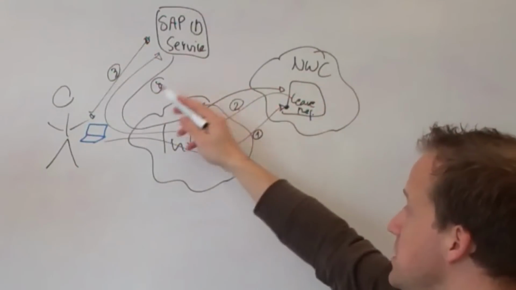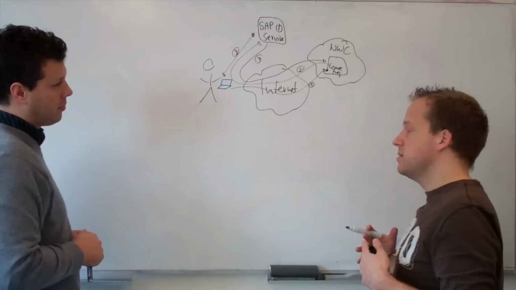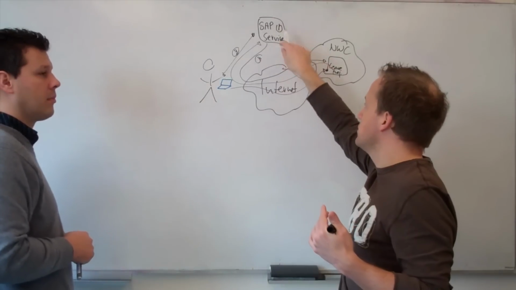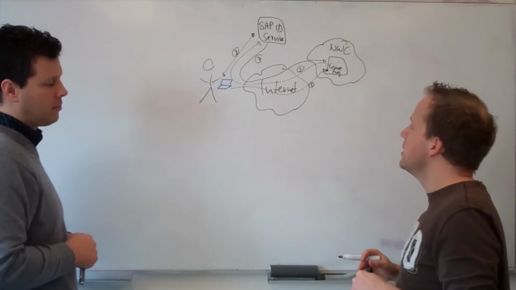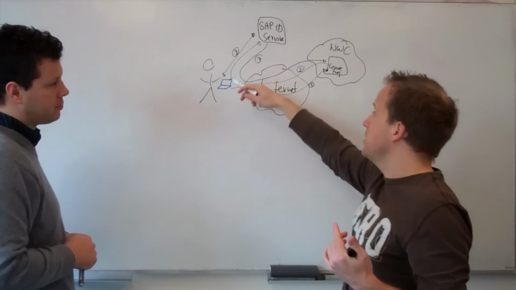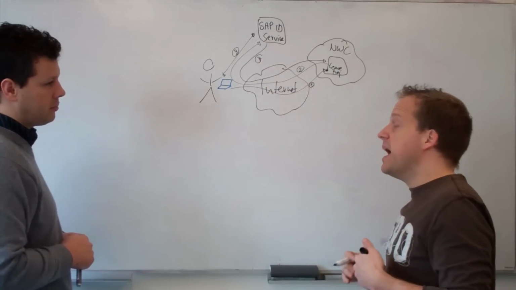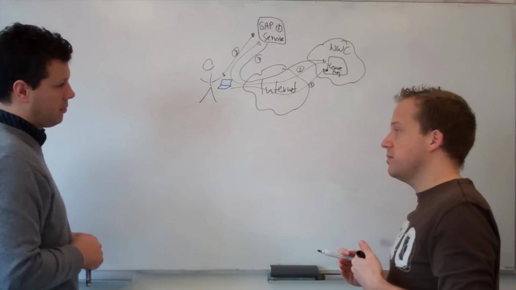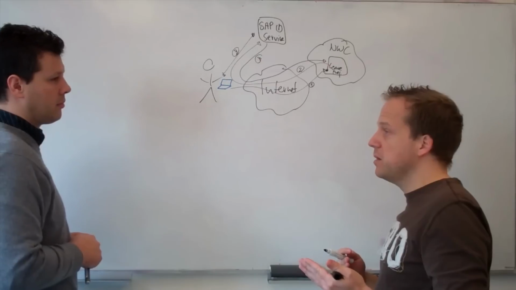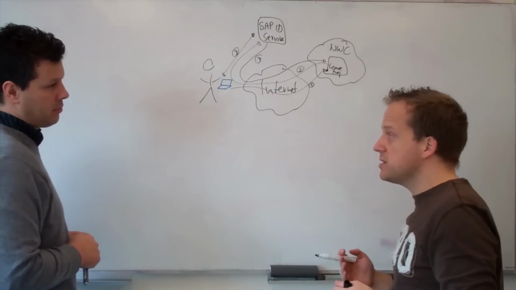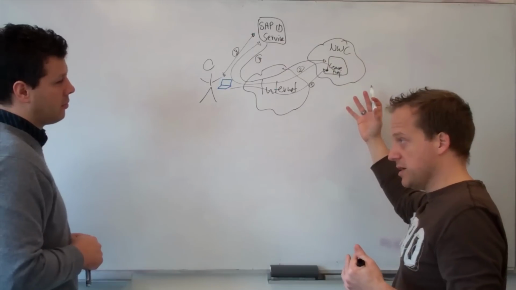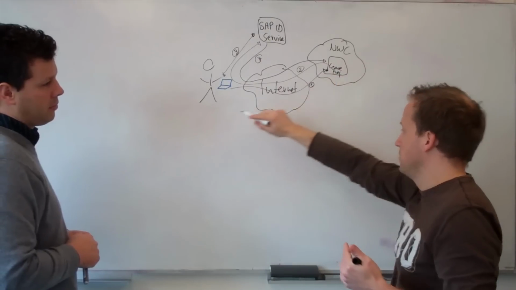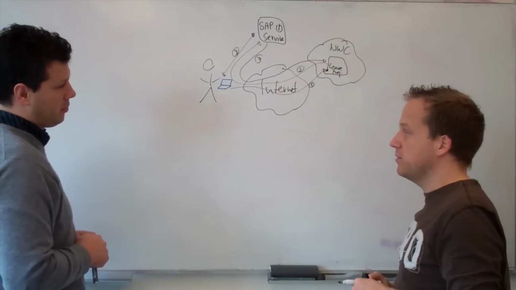This message number 4 contains, first of all, a statement made by the SAP ID service about the successful login that happened in step number 3. It also contains additional attributes about the user, like the user's first name, last name, and validated email address, so that the application can work with those attributes once it has logged on this user in NetWeaver Cloud.